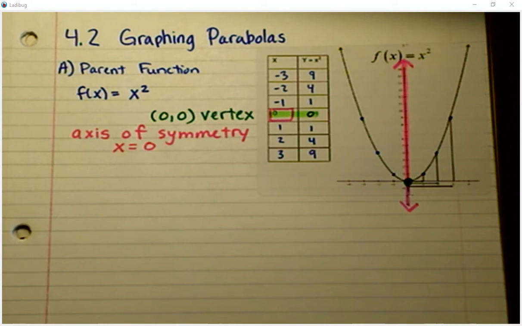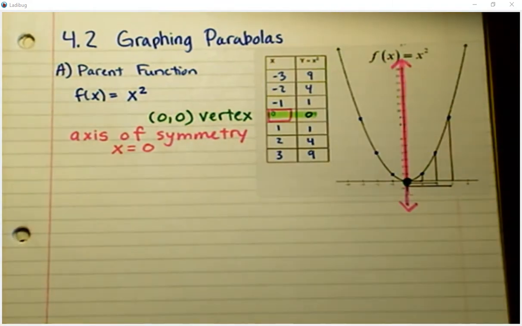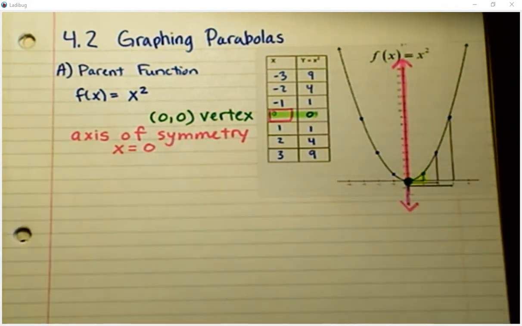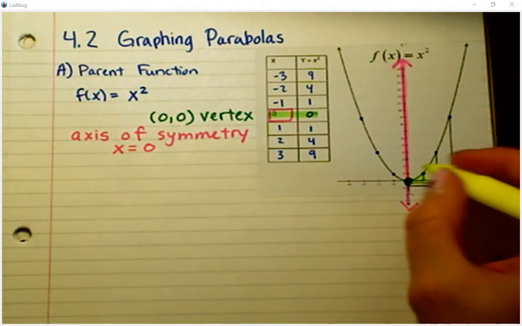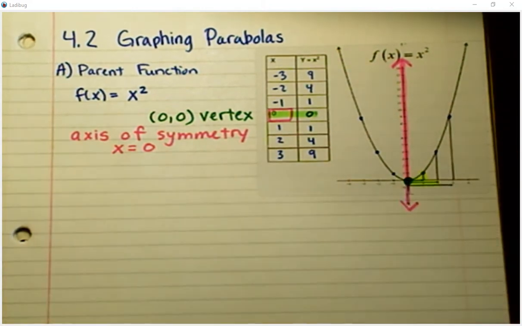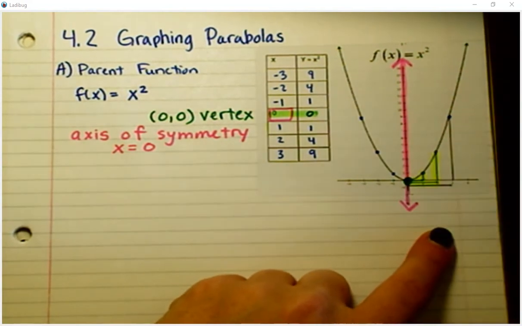Now I have to figure out, like, how can I remember where these points go on the graph? Because you have to have this picture memorized. Okay, I'm not going to give you the picture. You have to know the picture. So if I go over 1, I go up 1. If I go over 2 from the vertex, I go up 4.